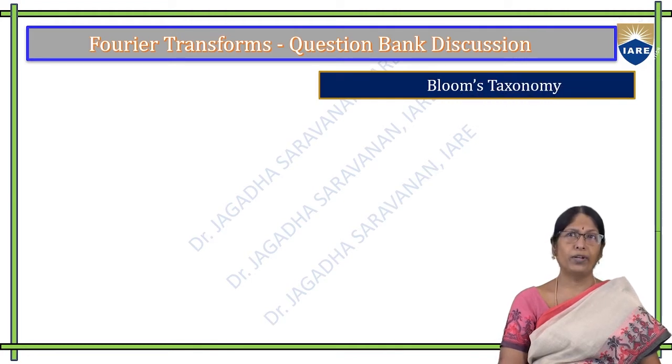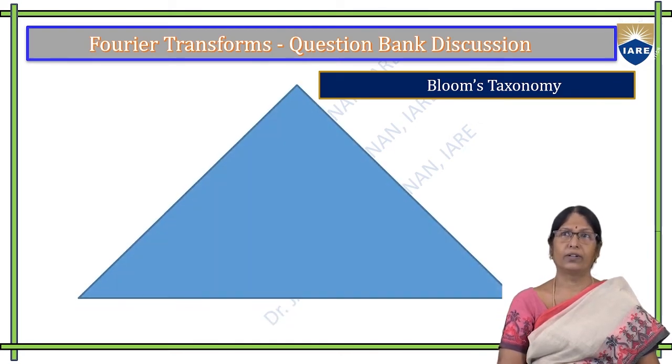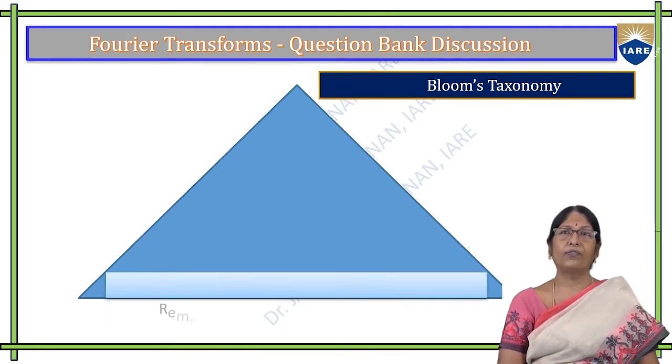What we discussed about the format was on the previous slide. The question bank answers completely follow the syllabus. Bloom's taxonomy has six levels. The first level is remember.